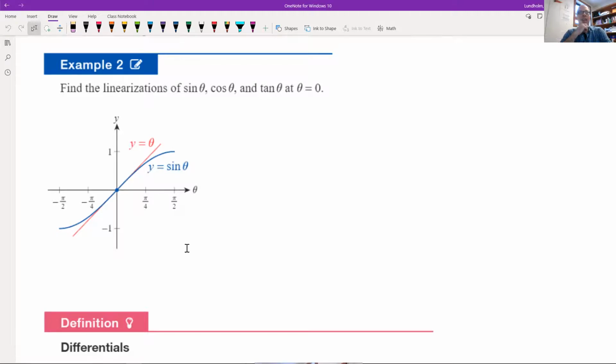I think we're just going to do tangent because sine is pretty obviously y equals x for that line. Cosine is going to have a flat slope and it's going to be up here. So the tangent line of cosine at theta equals 0 would just be the line y equals 0.